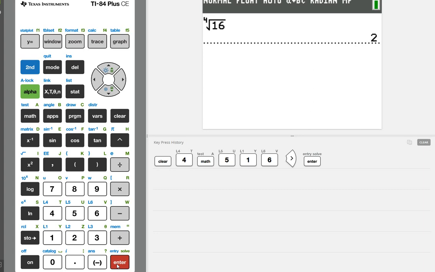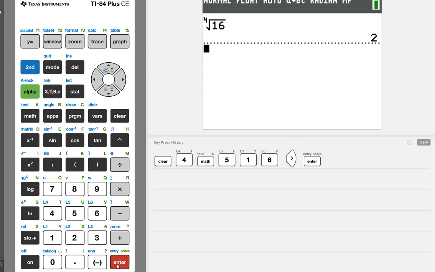And then second. 16. How about that? That's amazing. Yeah, you're going to have to be self-sufficient on that one. By the way, you can't use this one on a test, because it's got the algebraic portion.